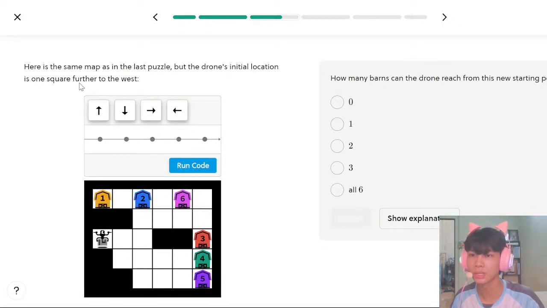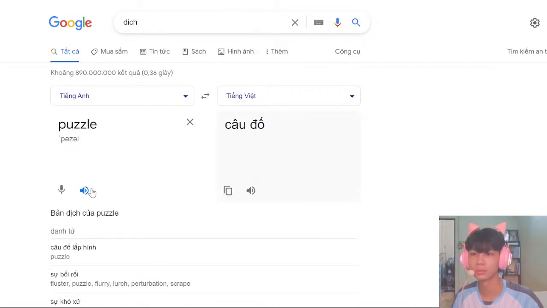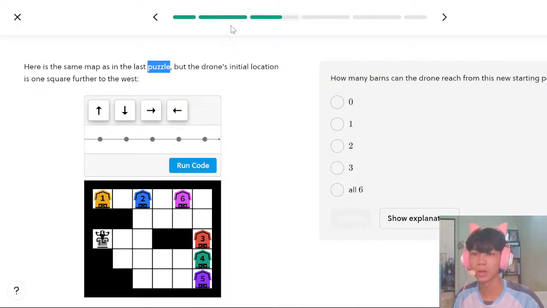Here is the same map as in the last puzzle, but the drone's initial location is one square further to the west. How many barns can the drone reach from this new starting point?